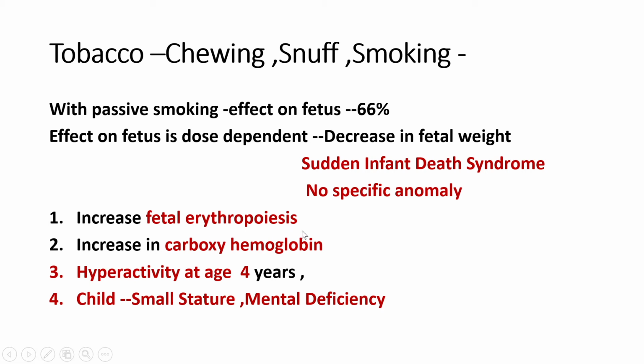Increased fetal erythropoiesis and increase in levels of carboxyhemoglobin is seen in the neonate. Hyperactivity is usually observed by the age of 4 years. The children are usually of small stature with mental deficiency.